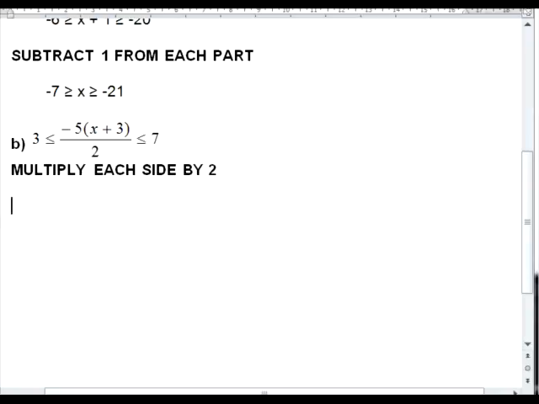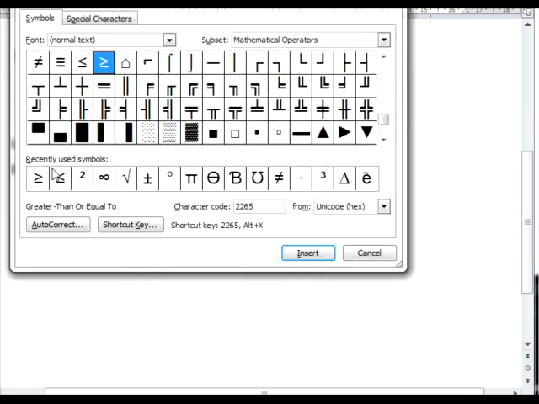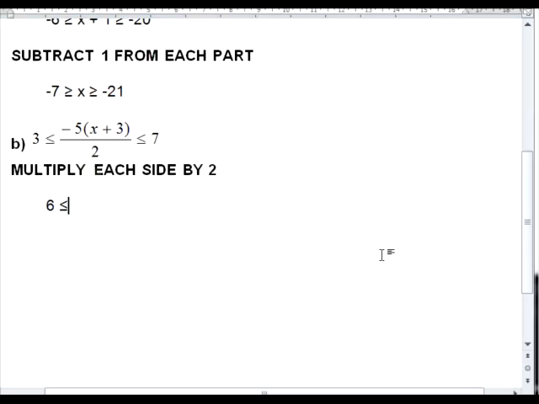So that's going to change my equation into 12 is less than or equal to -5(x + 3) is less than or equal to 14.